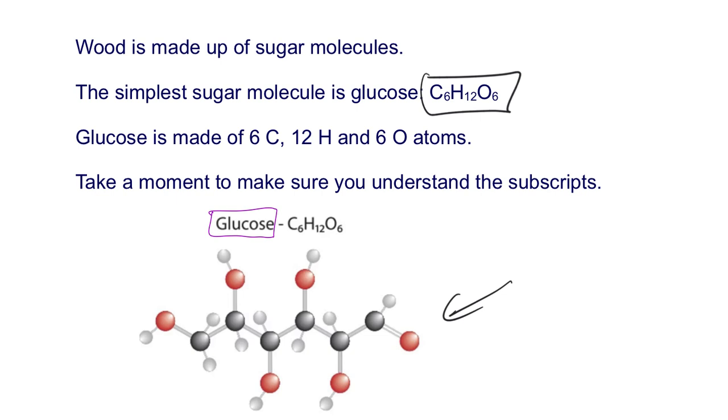Now notice how carbon, designated by the black balls here, makes up the backbone of the glucose molecule. Everything else is hooked onto that. The red ones are oxygen atoms, okay? And the gray ones are hydrogen atoms.